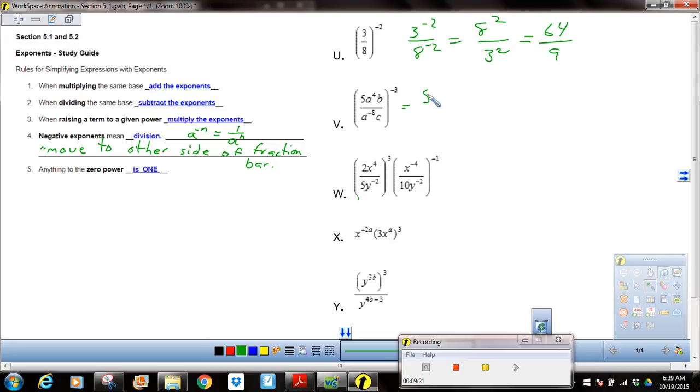5 to the negative third, a to the negative 12th, b to the negative third, over a to the positive 24th, and c to the negative 3rd. Right here I do have dividing the same base, so I can subtract the exponents. That ends up giving me negative 36 for my a.